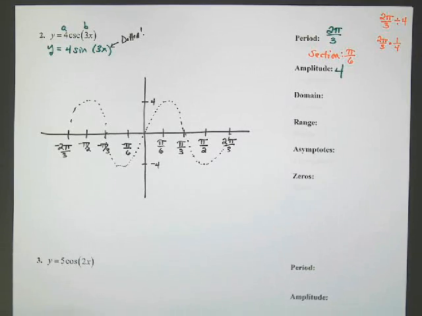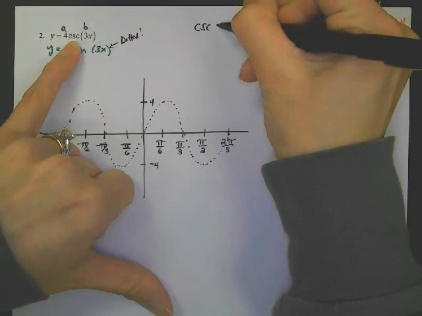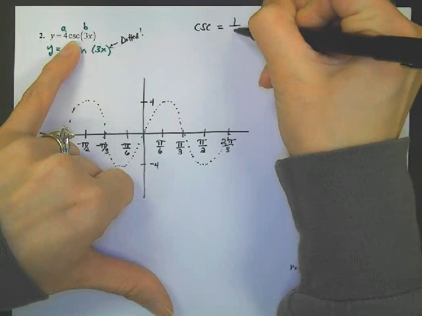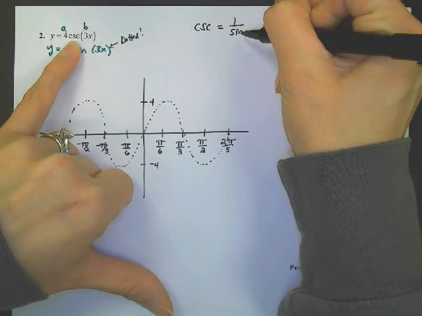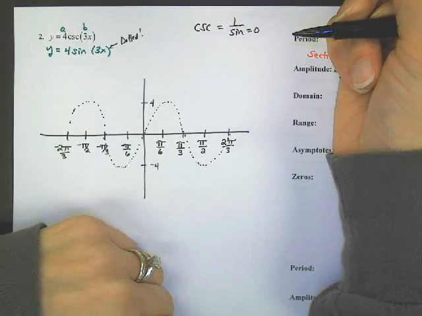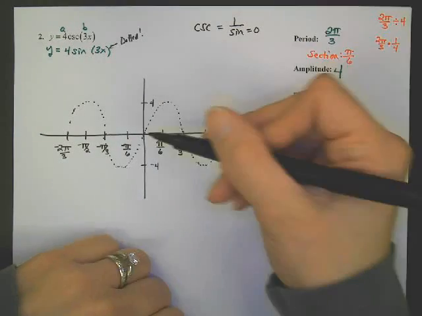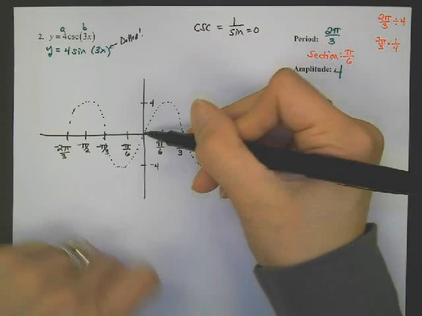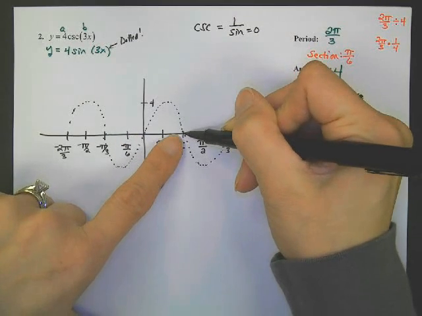Now we're getting there. So I know that cosecant is 1 over sine. Hey, what happens if sine was 0? Would cosecant like that? No, he'd be undefined. This sine curve is touching 0 right there, and he's touching 0 right there.